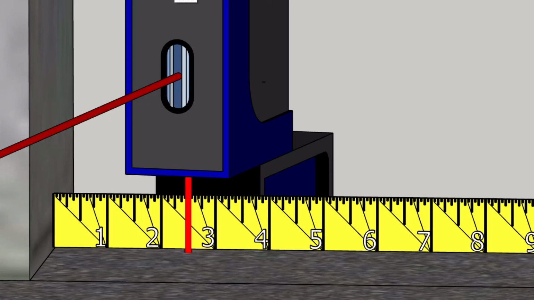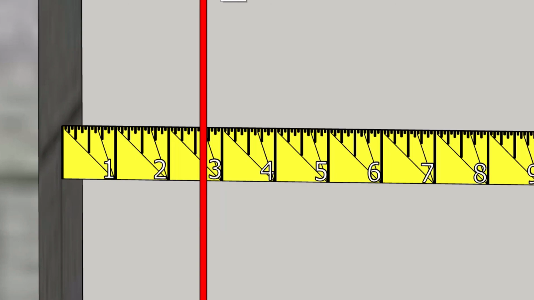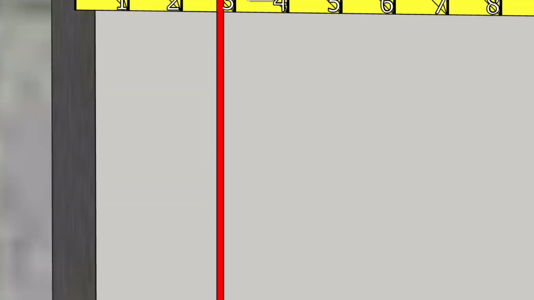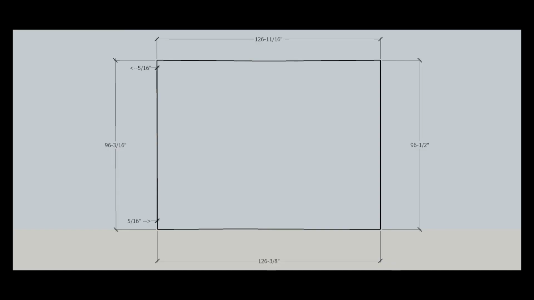After we capture our horizontal measurements, we're going to do the same thing in the vertical direction. We're going to use, again, a laser line to shoot a line straight up in correspondence with the plumb direction. And then we're going to measure the relative difference between points and our reference line. Now in this example, there's a 5/16 of an inch difference in the positions of these points relative to the vertical reference line.